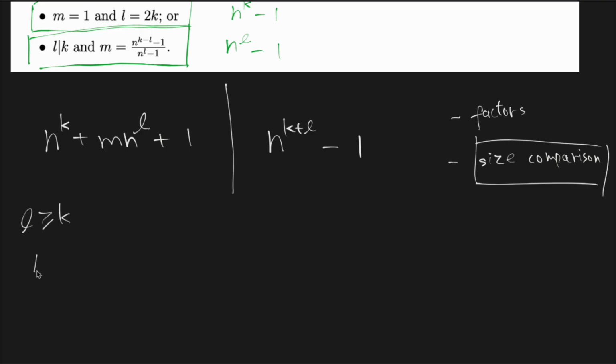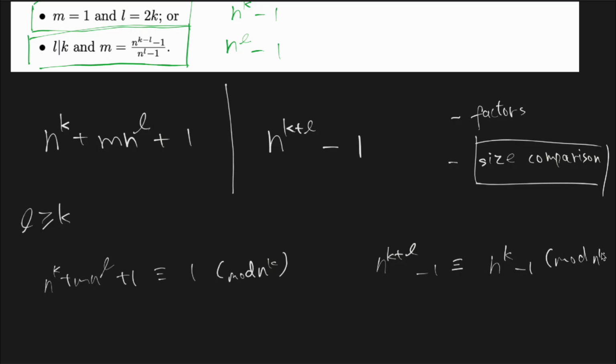So the left hand side, which is n to the k plus m times n to the L plus 1, should be congruent to 1 mod n to the k. The right hand side should be congruent to negative 1, or just n to the k minus 1 mod n to the k.